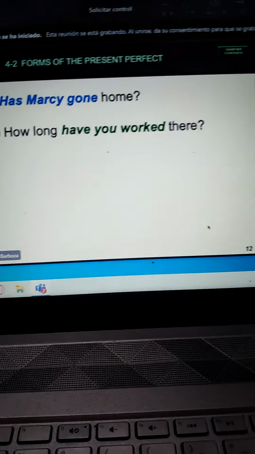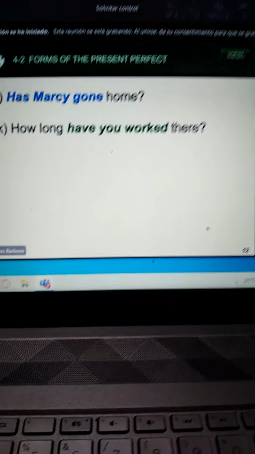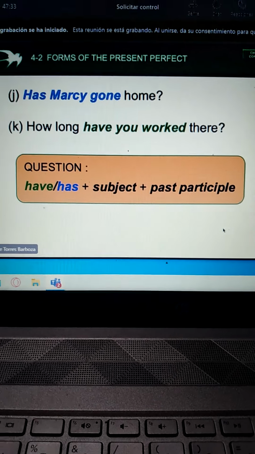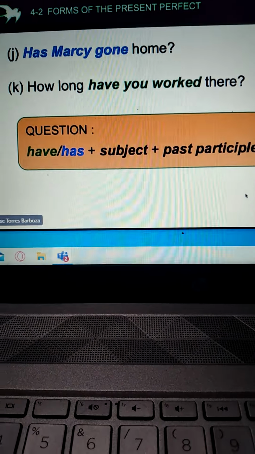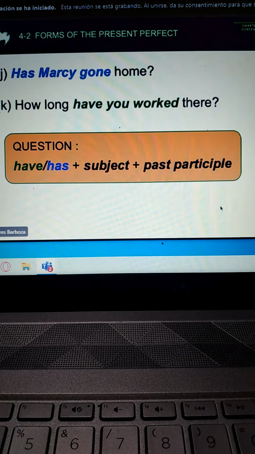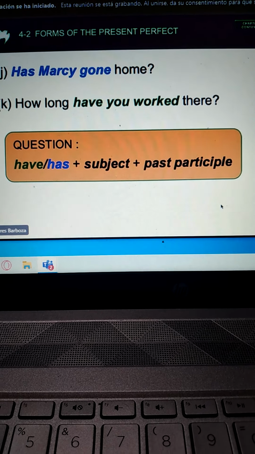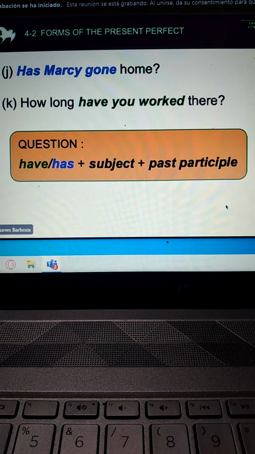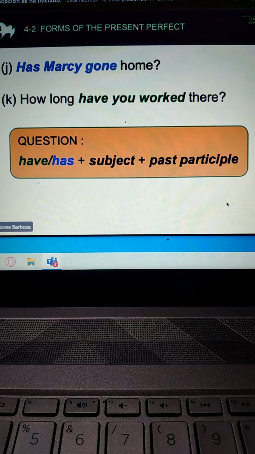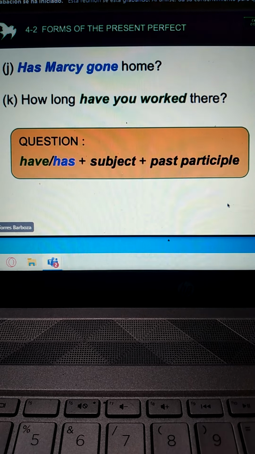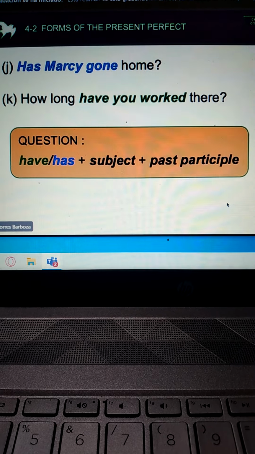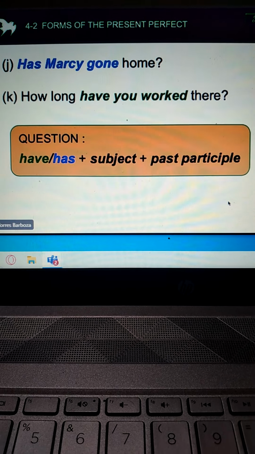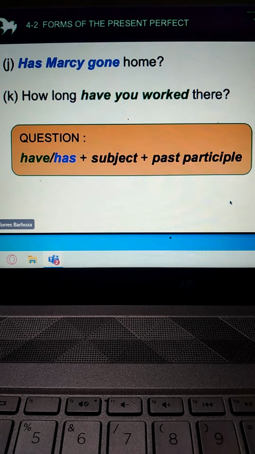You see, how long have you worked there? That's an information question. Look at the formula. Have or has plus subject plus past participle. All right, that's going to be the formula. Have or has plus subject plus past participle. Always past participles. That's why the past participles are really important now. From now on, we have to study the past participles, especially those of irregular verbs.